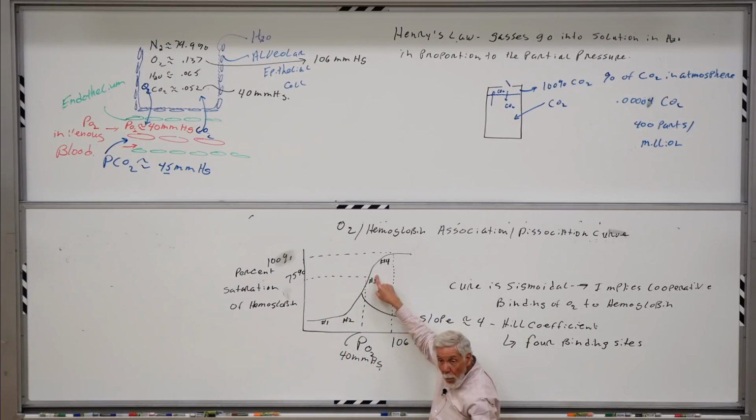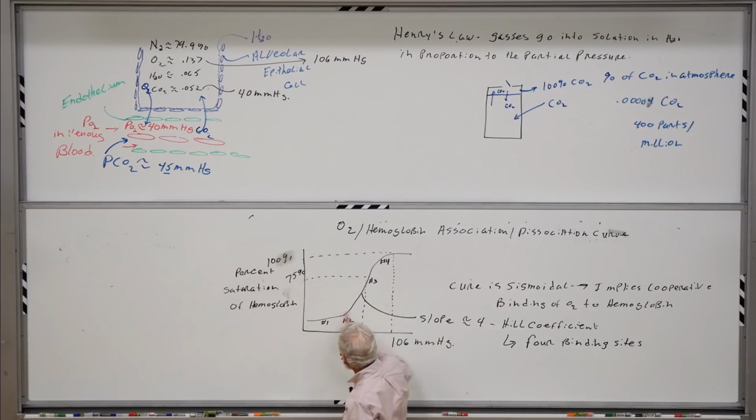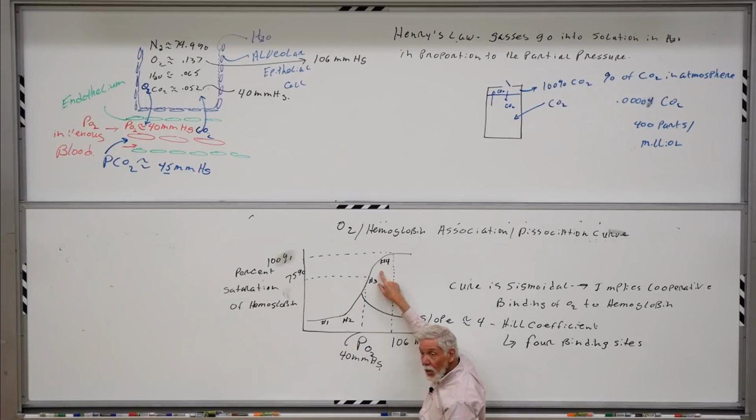And because of the cooperative nature of the binding of oxygen to the hemoglobin, it's fairly easy to bind that 4th site. If we were down here someplace in the curve, it'd be more difficult. But we can rapidly rebind the 4th site as those erythrocytes are moving by the alveolar space, because we're high on this oxygen association curve. We're in the steep part of the curve.